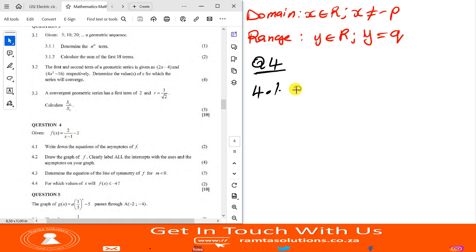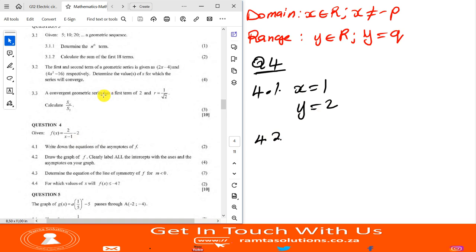So x equals negative p, remember I said x equals negative p. So negative minus negative 1 will be positive 1. And what else? y equals q. What is the value of q? Perfect.